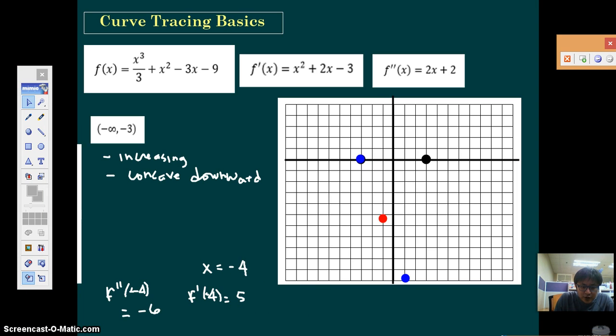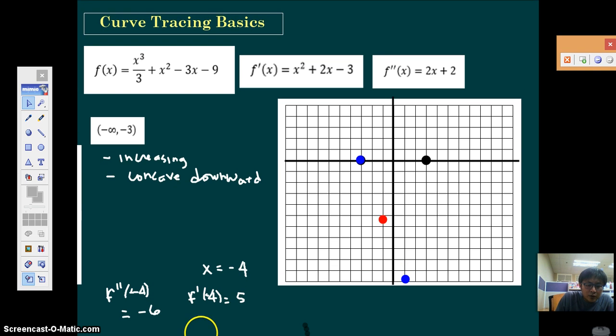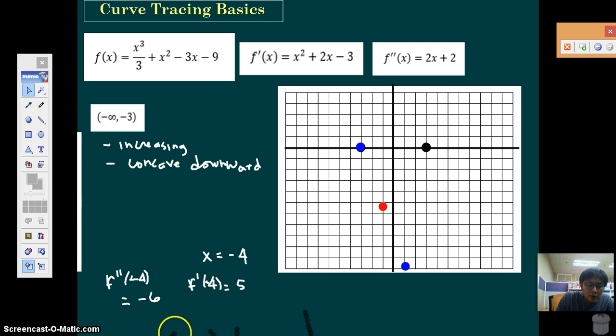Now we know the behavior of the function in this interval. All we need to do is to see the behavior in the others. If it's increasing in the first interval, that means we have to start from below the point, increasing in a concave downward manner.